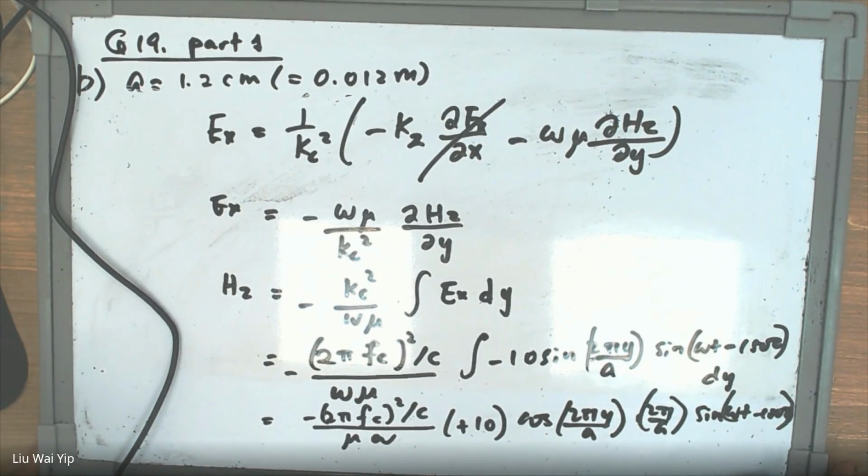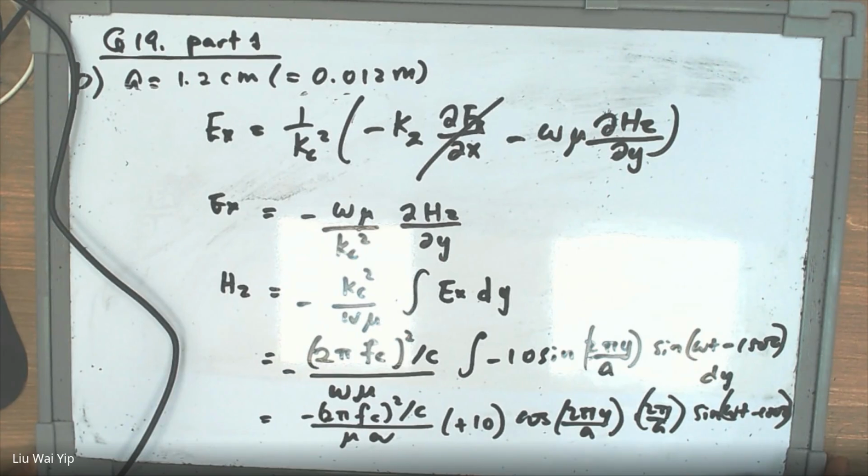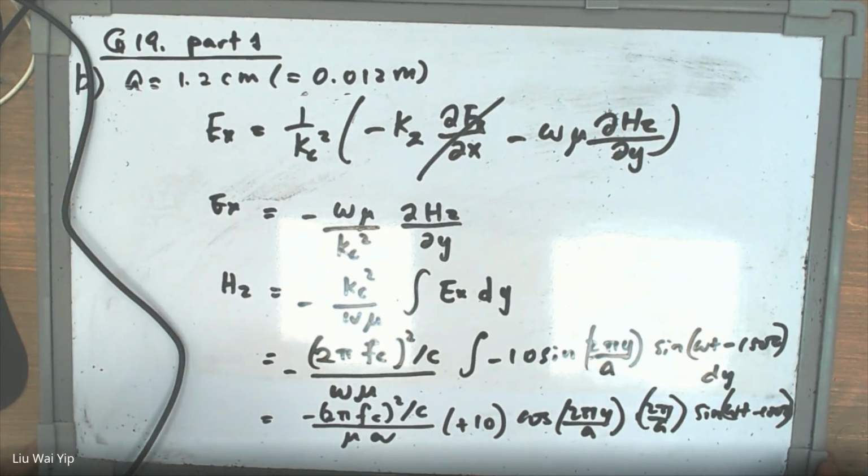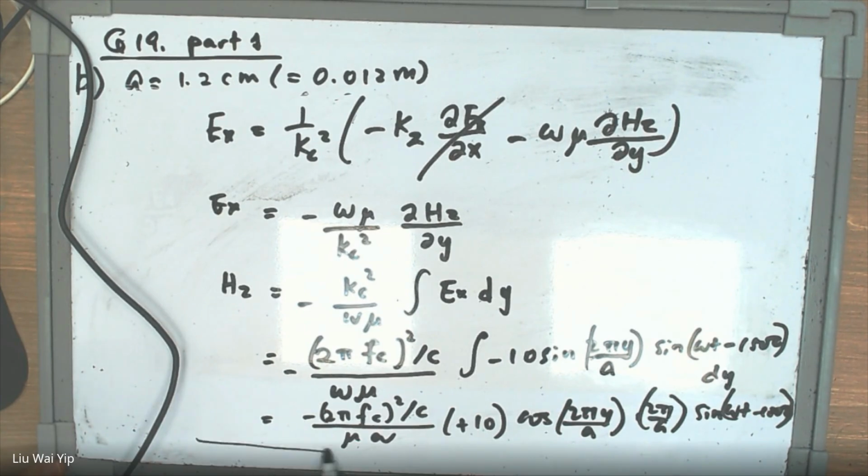I got a minus sign here, but the model answer doesn't have a minus sign. The cosine y is correct. Oh, they try to change it to cosine, and this is the reason. Okay, so anyway, this is the way we solve the problem.